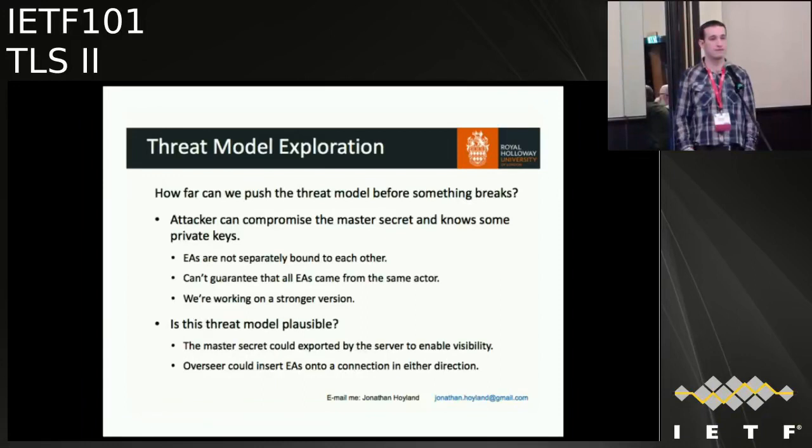Mike Bishop, Akamai. I had a question about the proof that they're bound to each other. The draft currently says that having seen one of these, you can't make any assumptions about them being related to each other in the future. Like if you do a resumption and you have a new session, you can't say that, well, this got bound to the other thing before, so it must still be there.